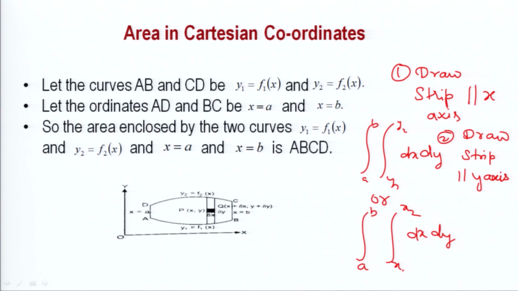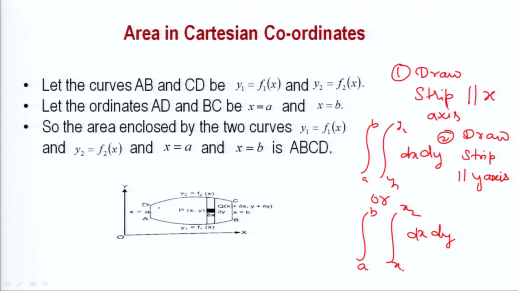For this, let the curves AB and CD be y1 is equal to f1(x) for AB, and CD y2 is equal to f2(x), AD is x equal to a, BC is x equal to b. This is the enclosed area ABCD.